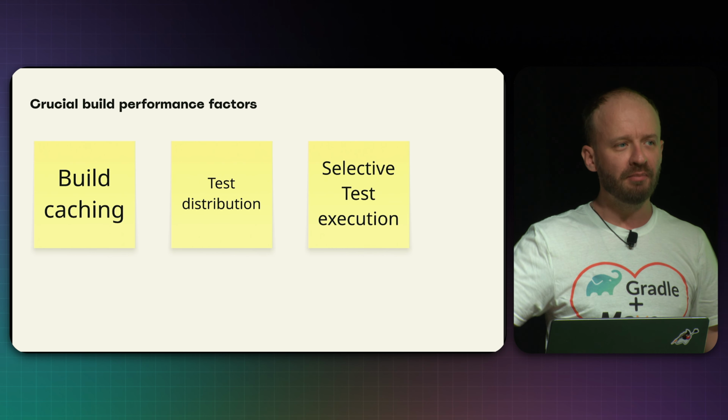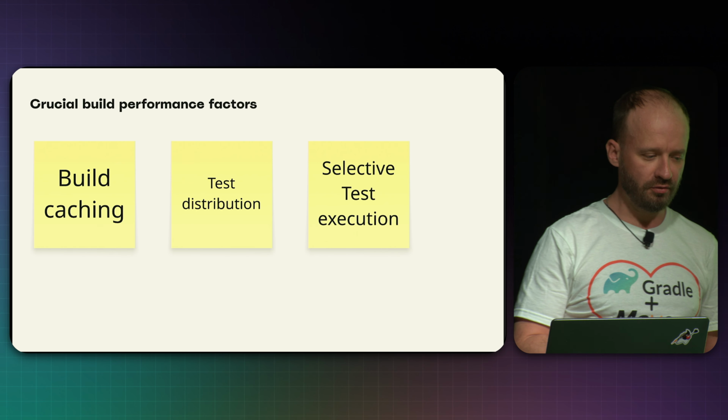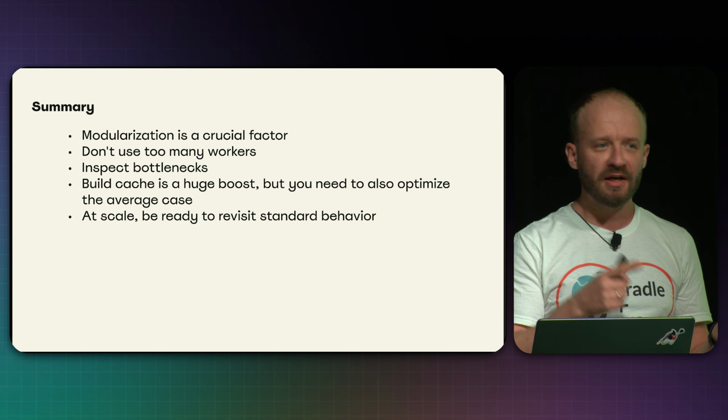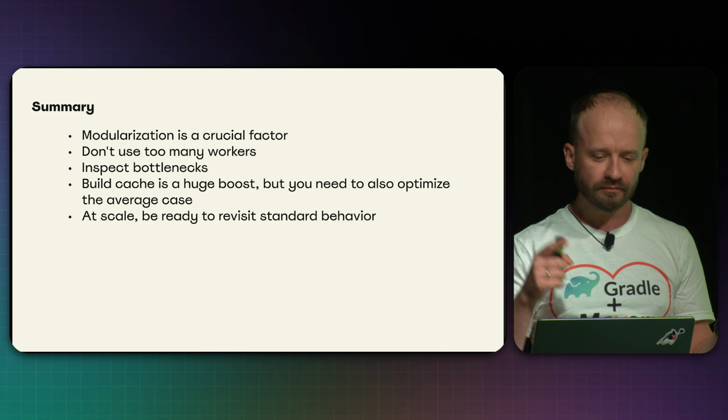But it should be complementary to those three factors. And to summarize, the main factor is modularization. Split your large modules into smaller modules. It will boost your build. It will define better boundaries of your domains, better APIs, better code ownership.